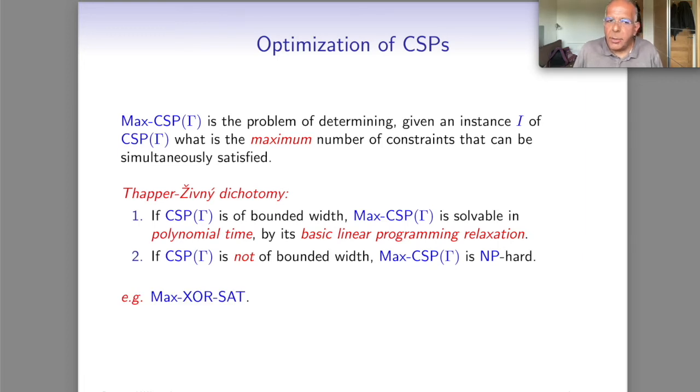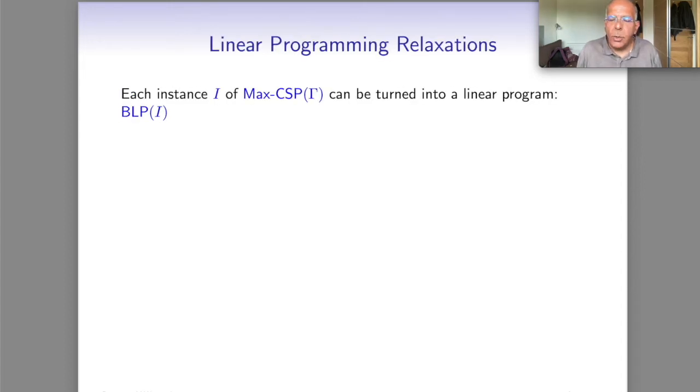An interesting example here is now Max XOR-SAT. So for XOR-SAT, the feasibility problem, deciding whether it is satisfiable, is polynomial time. But because this is of unbounded width, the maximization problem turns out to be NP-hard.